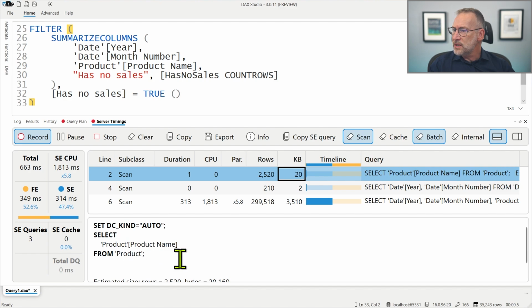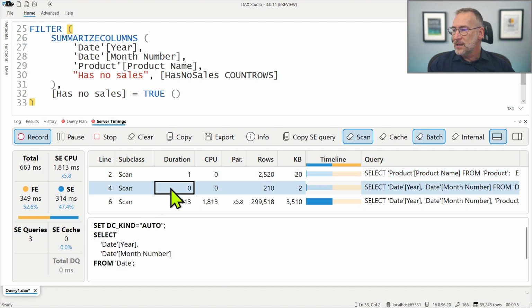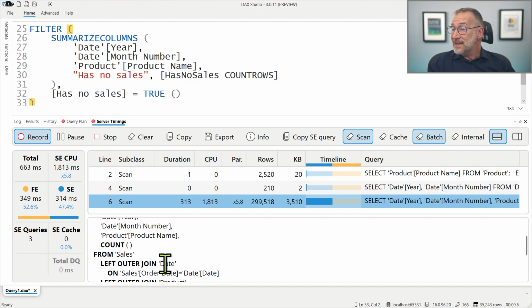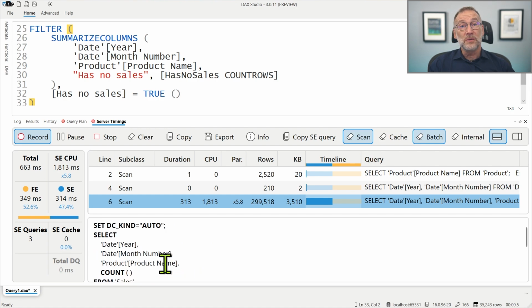We have a first query that still gathers the product name, a second query that, exactly as it did before, gathers the year and the month number, and the third query retrieves the same number of rows, but this time it's just computing year, month number, product name, and then the count, the number of rows. This query is simpler than the previous one.